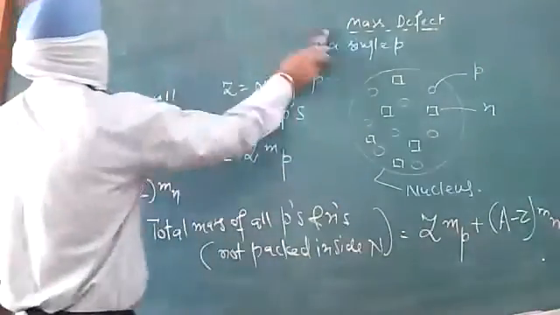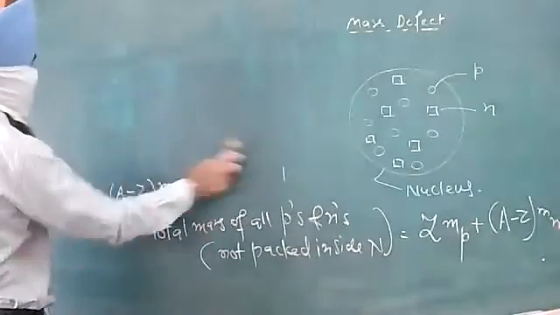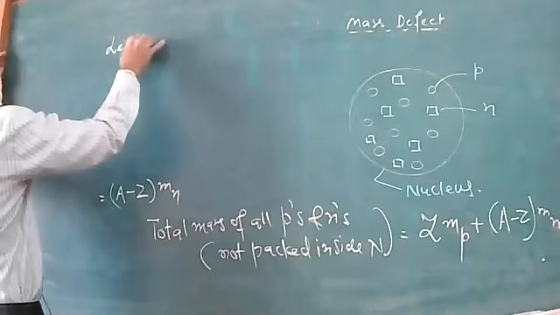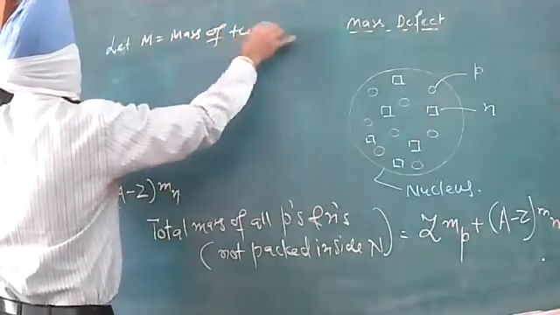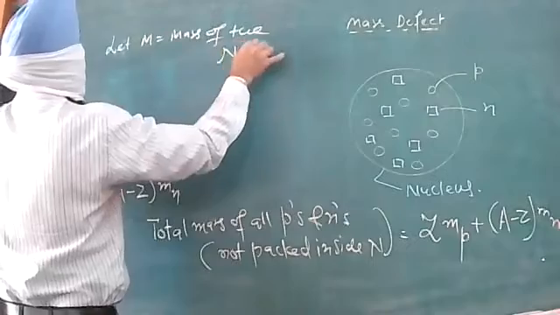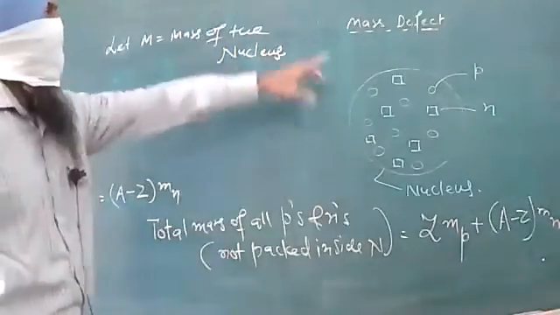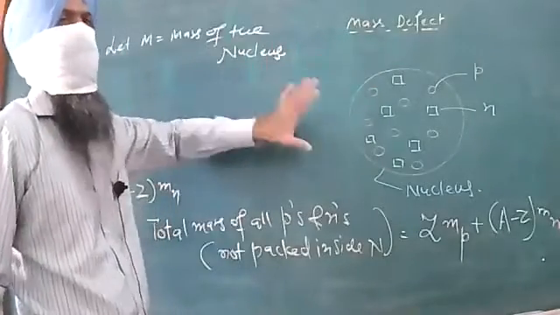Furthermore, I am assuming that when all these particles are packed inside the nucleus, let capital M be the total mass of the nucleus. By the term mass defect, I have not defined it so far. I will be defining it in the end.